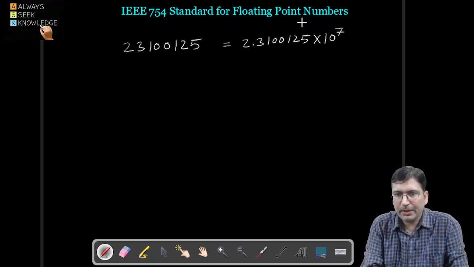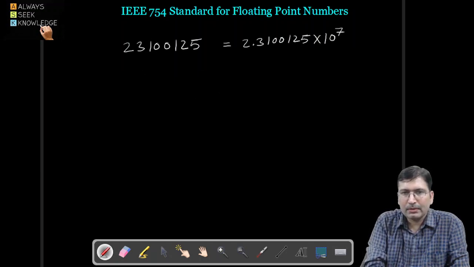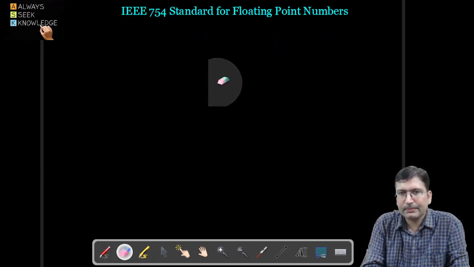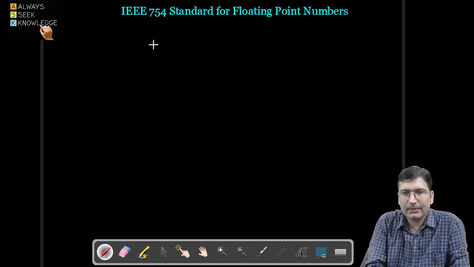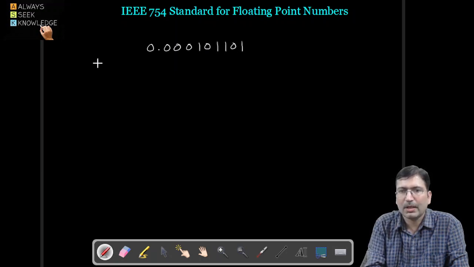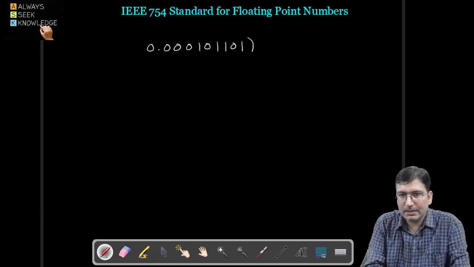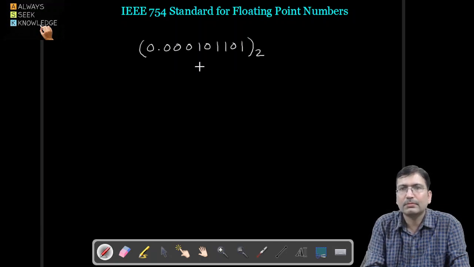Similarly, for floating point numbers, if I take one example of a floating point number, like if I consider 0.000101101, and let's say I am considering this in binary, okay?